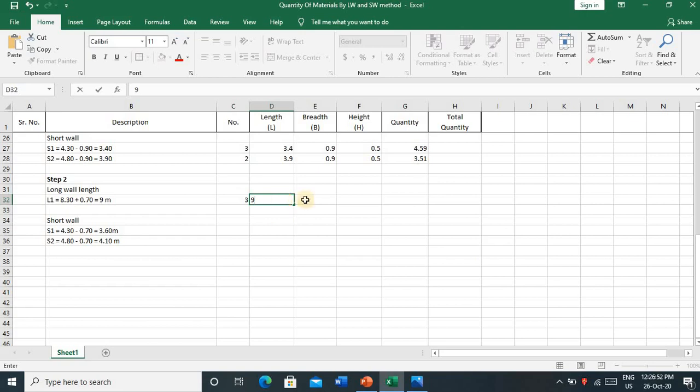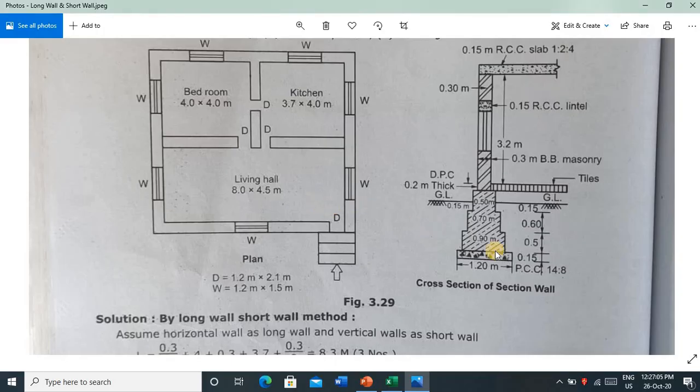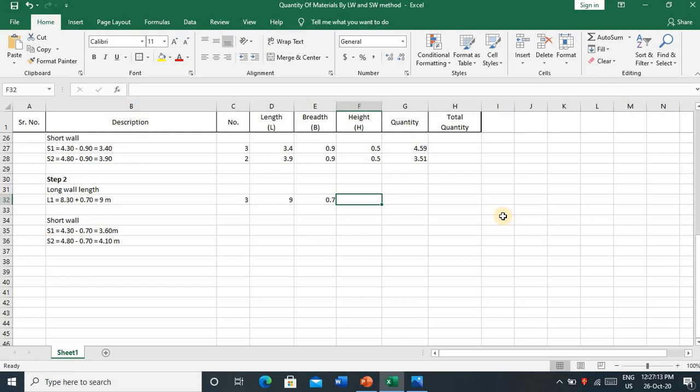So 9 meter, breadth 0.70. For height we need to go again to the cross section. Height for the second step is 0.60, so you need to consider this value 0.6. Quantity we will calculate later for all these.